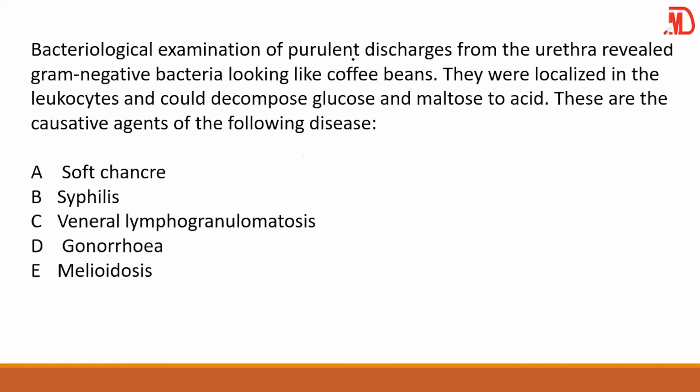Biological examination of a purulent discharge from the urethra revealed gram-negative bacteria looking like coffee beans. A bacterium that looks like a coffee bean is always gonorrhea.